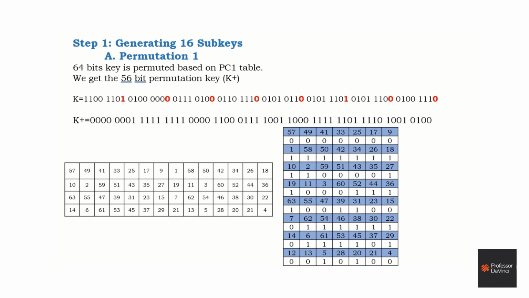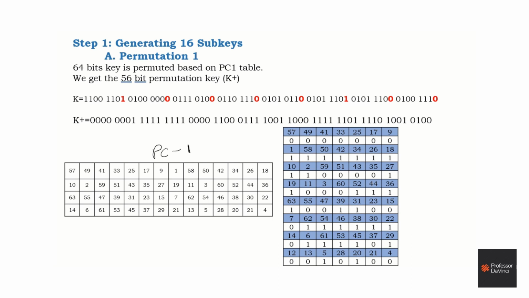Once we reduce the 64 bits to 56 bits, now we need to perform the first permutation. We have the permutation mapping, which we can call a permutation chart or permutation table 1, PC1.